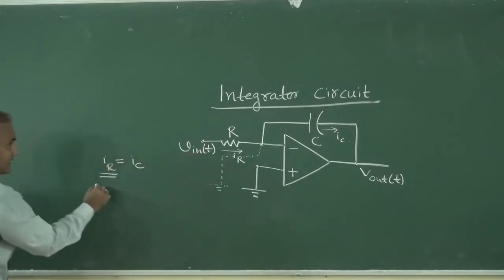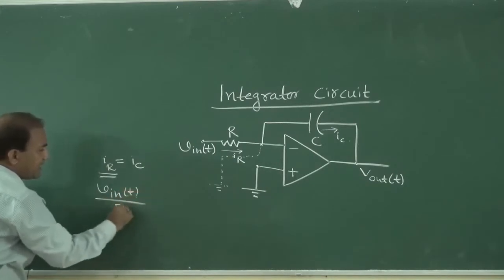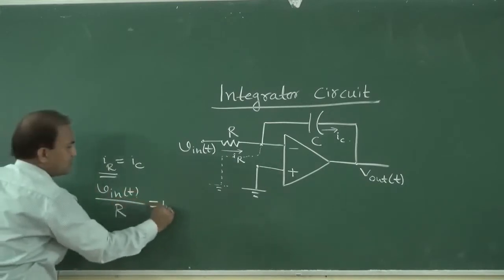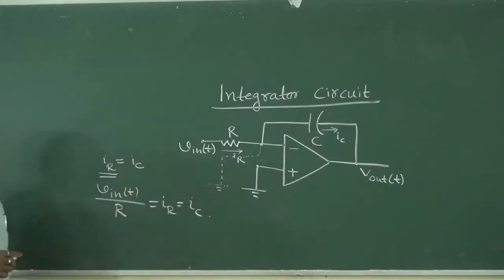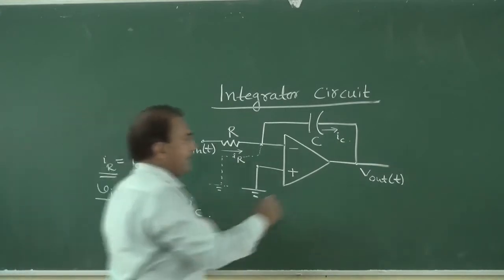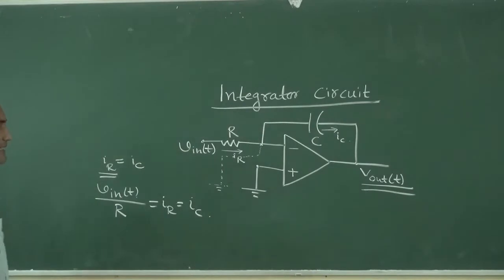What is IR? IR we can get like this: V in of t divided by R. This is equal to IR and this is equal to IC. Our main motive is to determine V out. How can we determine V out?